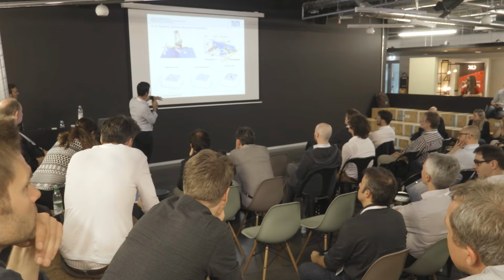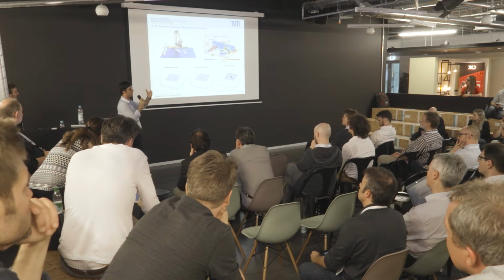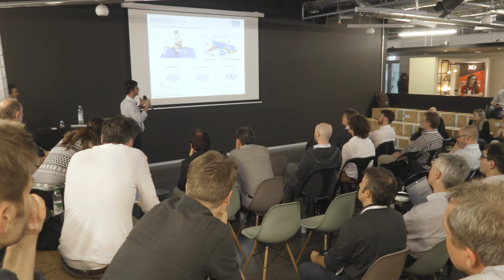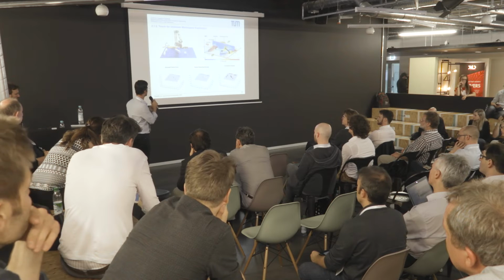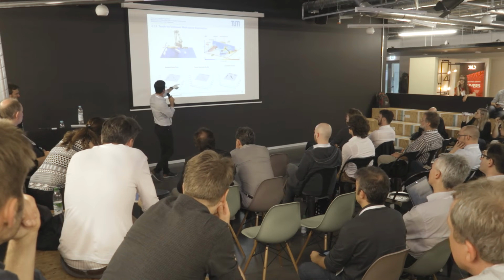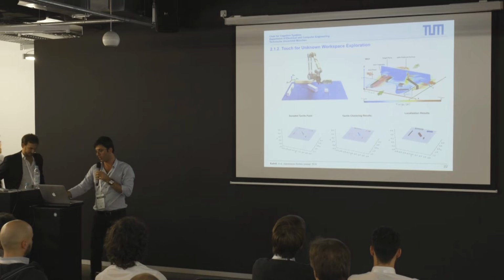But again, strategically: if it realizes there is one object here, it tries to explore the area where the probability of finding the object is higher. Then the robot clusters the tactile point cloud.